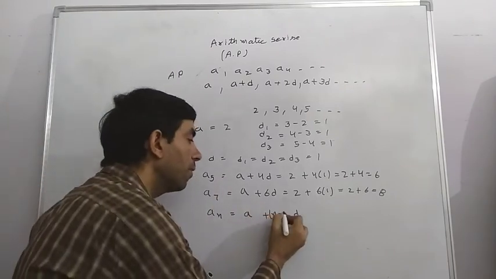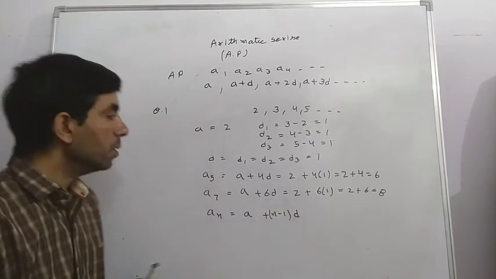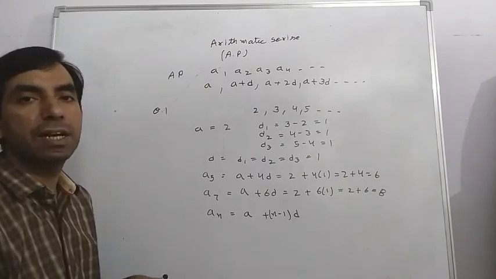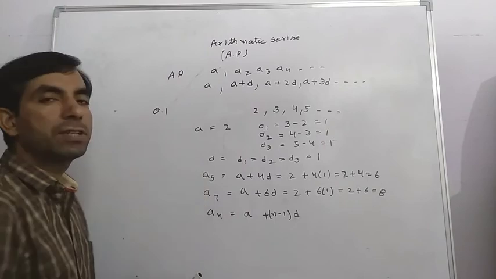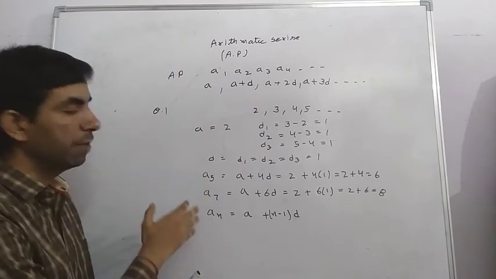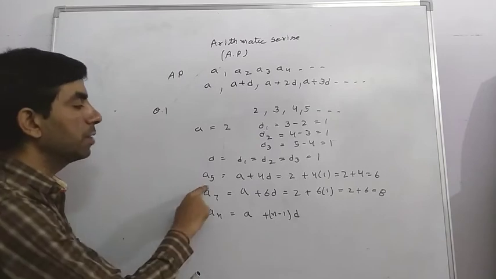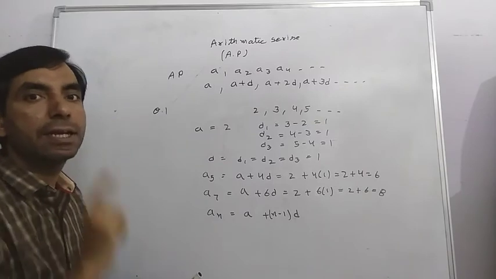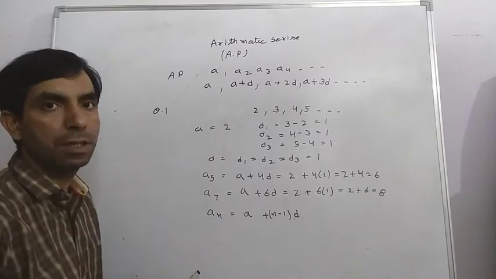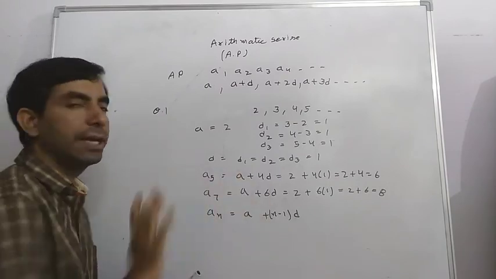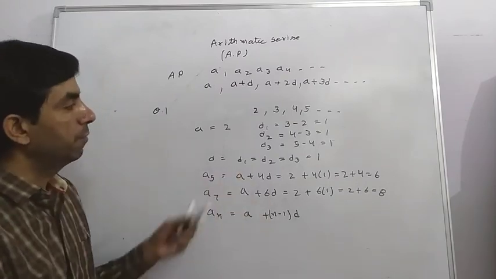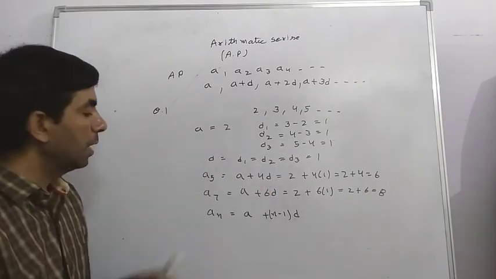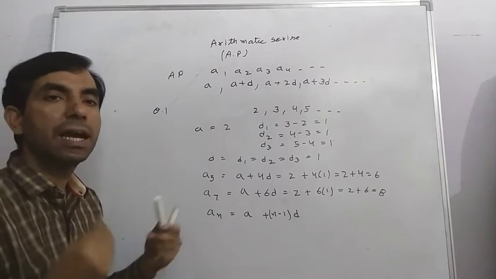It is the formula for An: An equals A plus n minus 1 times D. So we have found that in each AP series we have A, D, n and An, the nth term.